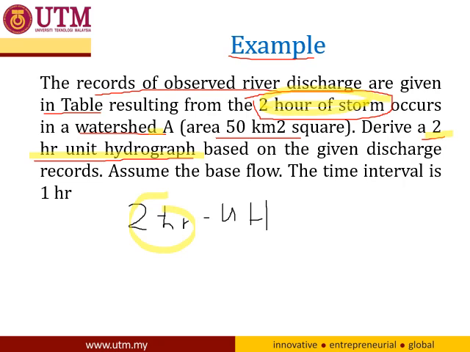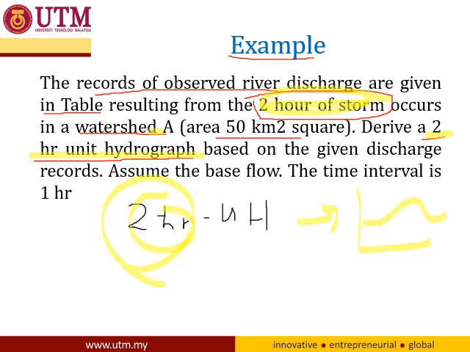This example shows the hydrograph observed from this 2-hour storm. What it wants you to do is develop, or derive, a 2-hour unit hydrograph based on the given discharge record.